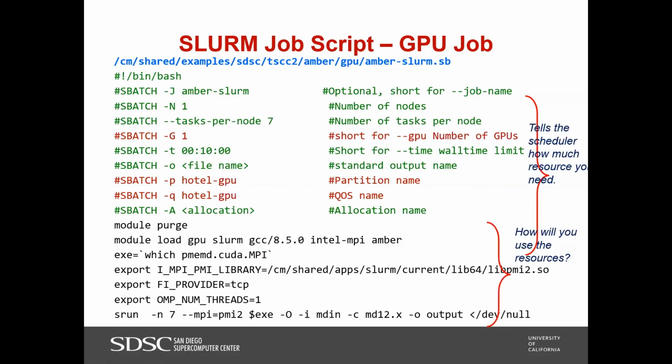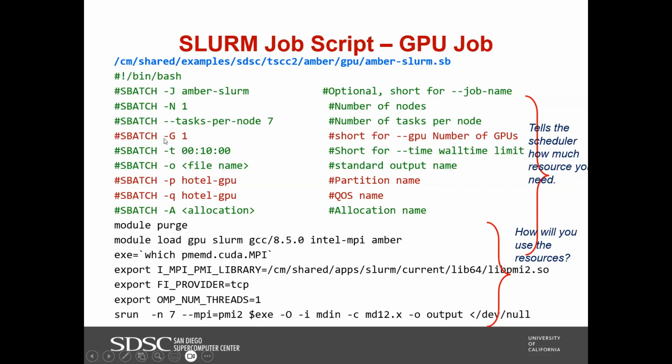If it's a GPU job, there are some minor changes compared to the last example I just showed. Again, the example script is available under the shared examples, and the example file is called amber-slurm-sb. Here I highlighted the changes I've made for using GPUs.